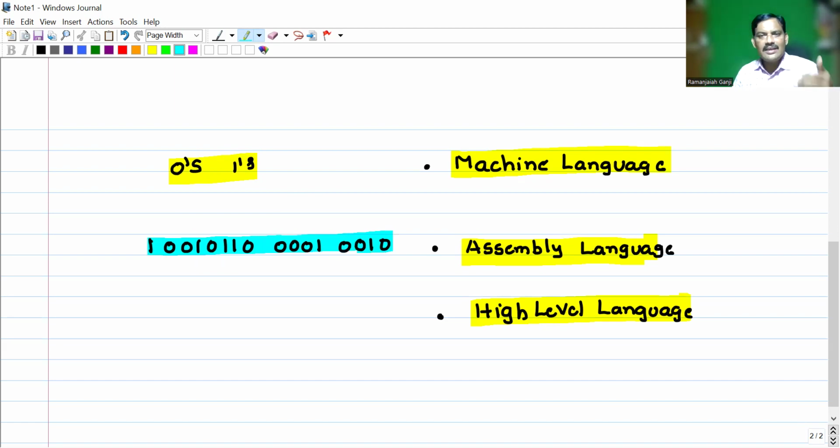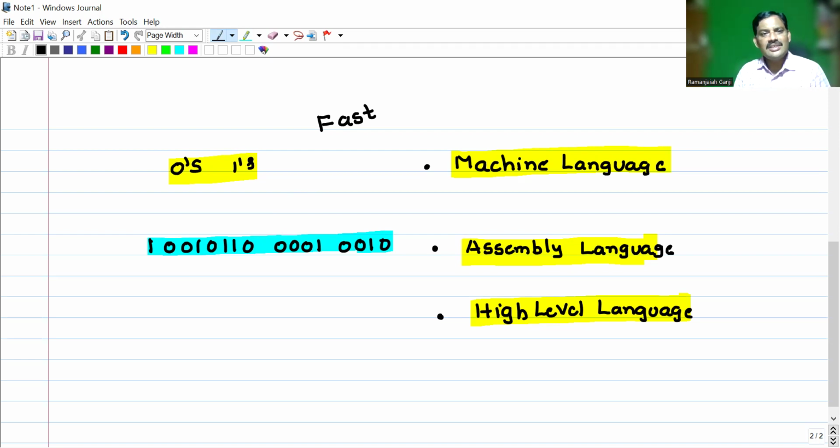You cannot directly understand what it means. Machine language is a machine understandable language, and it can provide you high speed because a computer can understand it, and no translator is needed. So it provides you high speed of execution.